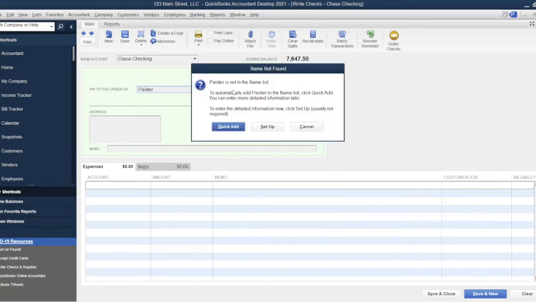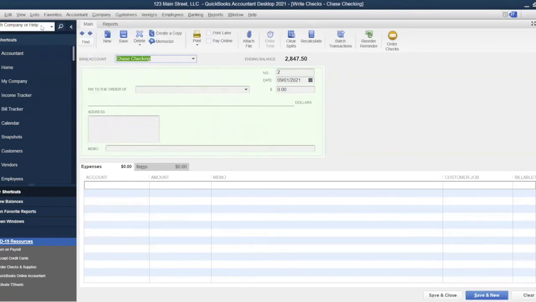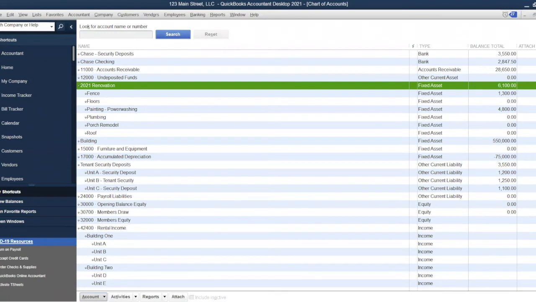Okay, and then painters. Here's another one I just thought of. We're redoing the bathrooms.